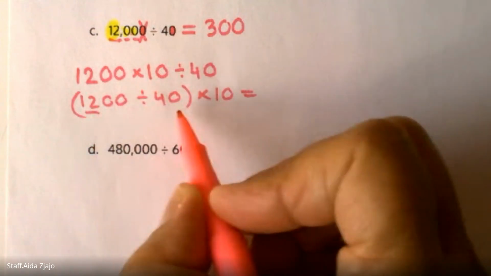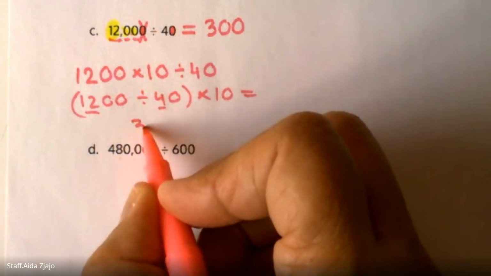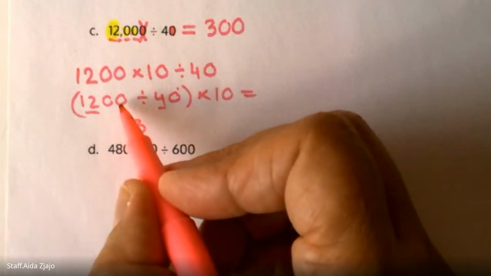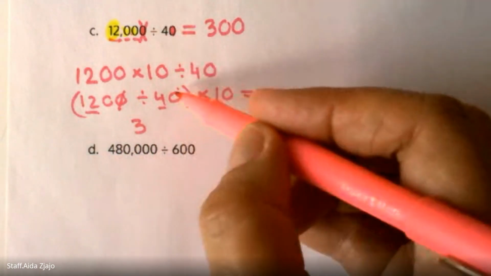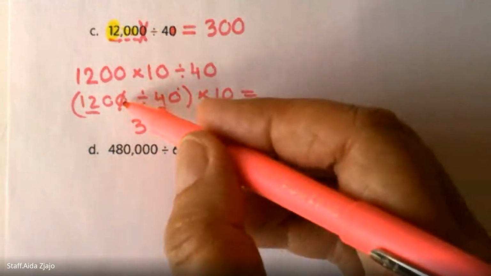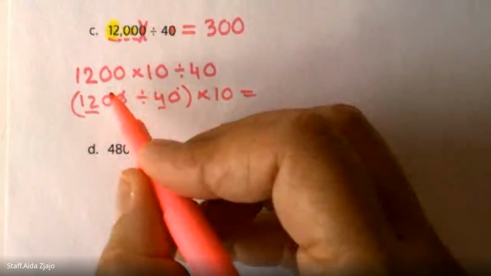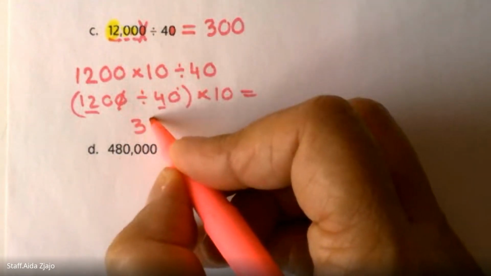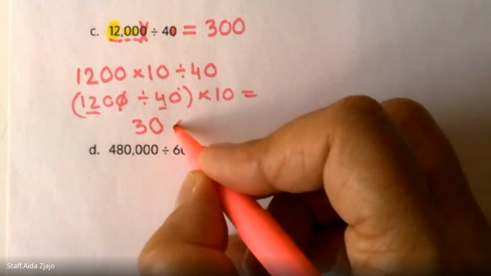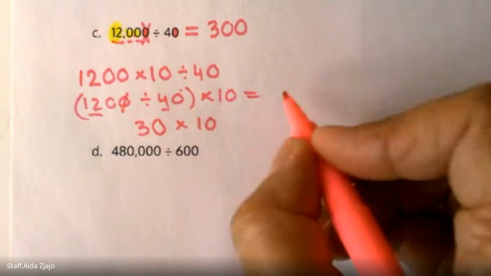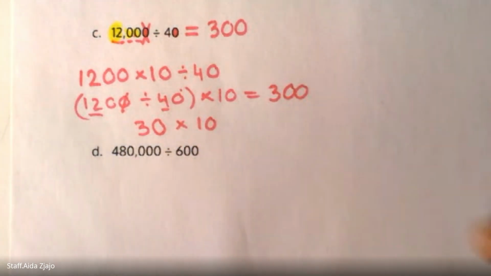So 12 divided by 4 is 3, and then 10 divided by 10 is 1, so I need a 1 zero. So then I have to multiply by 10, so finally again I got 300.